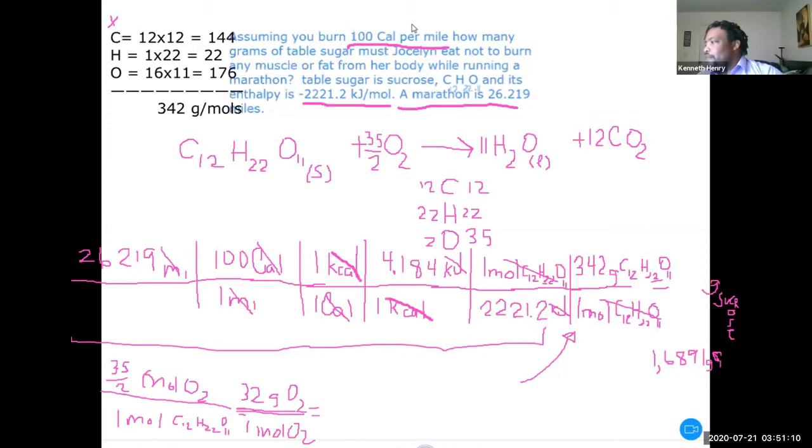So usually I have a problem like this, and it'll be a 2-parter or a 3-parter, where I'll ask for the first part, then I'll ask for the second part because there's a tendency of people not writing their equations. So if you mess up the first part, you're going to mess up the second part and the third part.